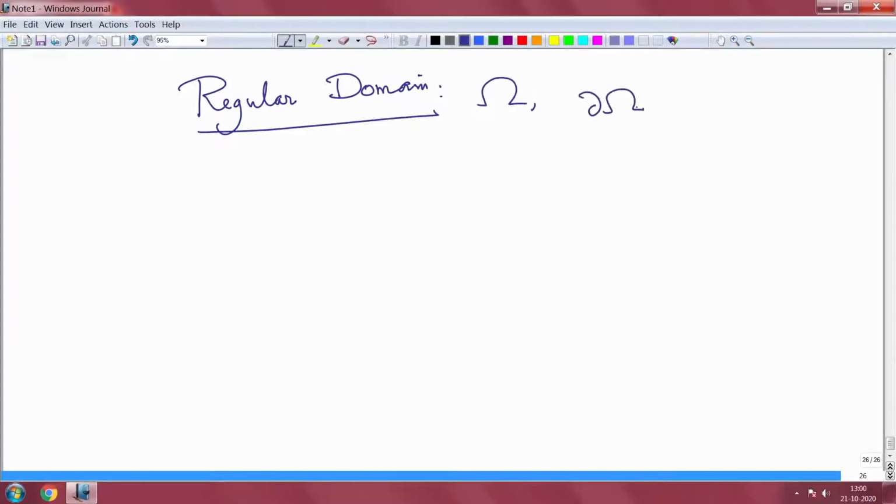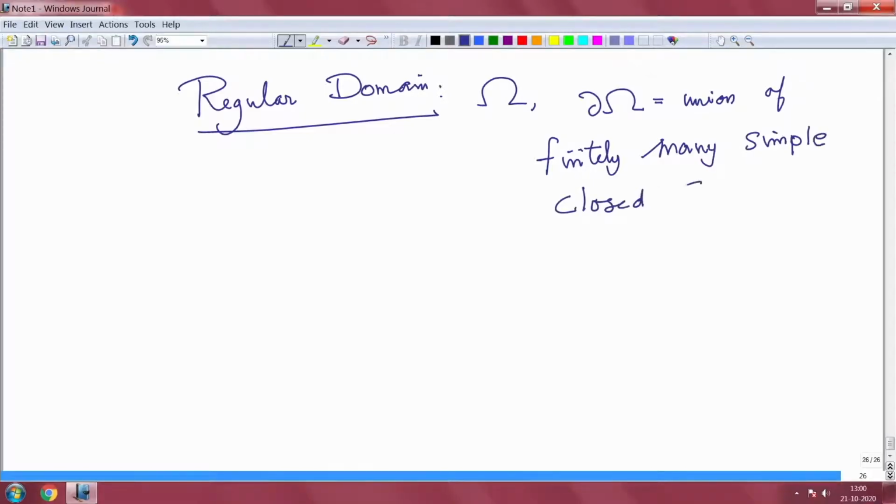Let me write it: d omega is the union of finitely many simple closed curves, which do not intersect each other.